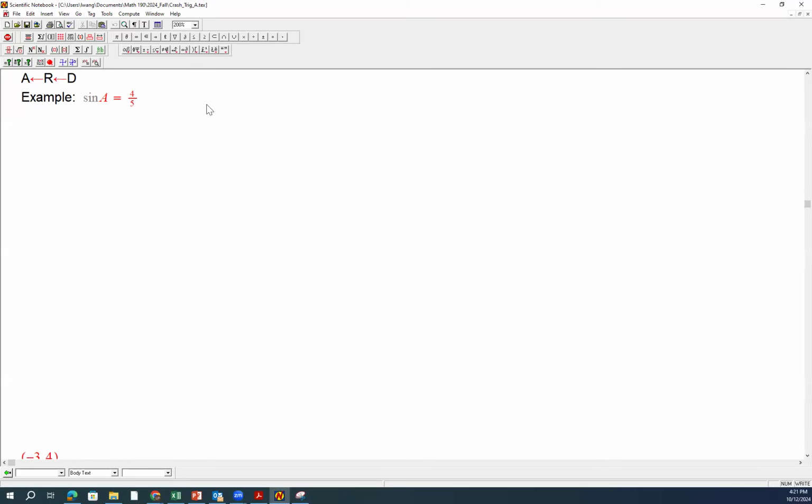And it's a positive 4 over 5. So in this case, we are being asked to find all possible angles A.